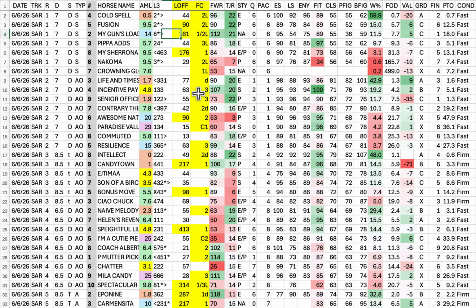So like this horse here, My Gun's Loaded, is coming off a layoff and is making second lifetime start, okay? And I had that coded into PFTS odds, but now I have it coded much better with more granularity depending on what kind of horse they are.